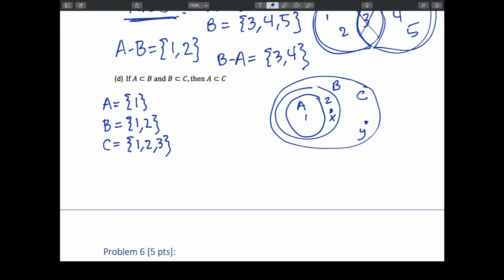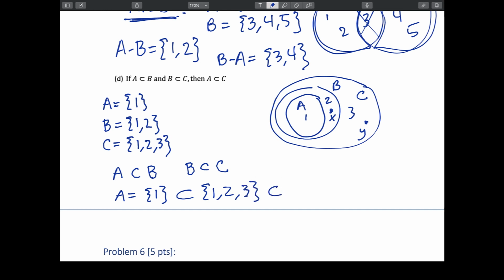So the 2 would be out here, the 3 would be out here, and it works. So A is a proper subset of B, B is a proper subset of C, and we can see that A, which is equal to the set containing 1, is a proper subset of 1, 2, 3, which is equal to C.